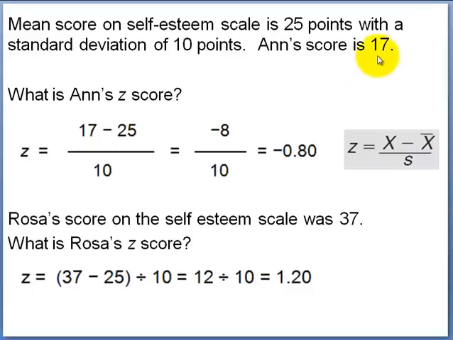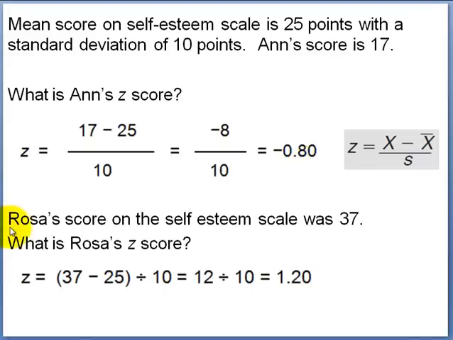And finally, Anne's score is 17. What is Anne's z-score? Here's that calculation. X is 17. We subtract x bar. We divide by 10, that being the standard deviation, and the z-score computes to minus 0.80. 0.8 standard deviations below the mean.